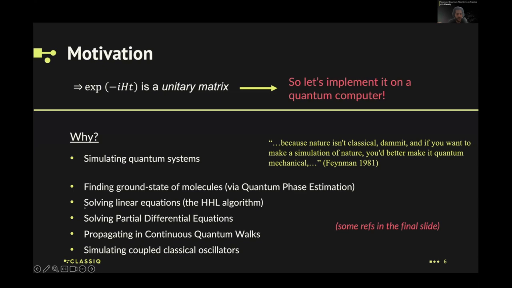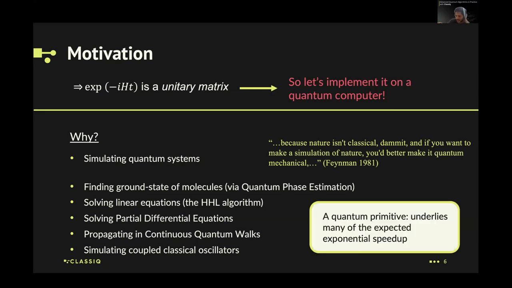Also for solving linear equations such as the HHL algorithm, for solving partial differential equations, for propagating in continuous quantum walks, and as Rolando presented in the previous talk, in simulating coupled classical oscillators. So the main point here is that Hamiltonian simulation is a quantum primitive, and actually it underlies many of the expected exponential speedups in quantum algorithms compared to the classical ones.